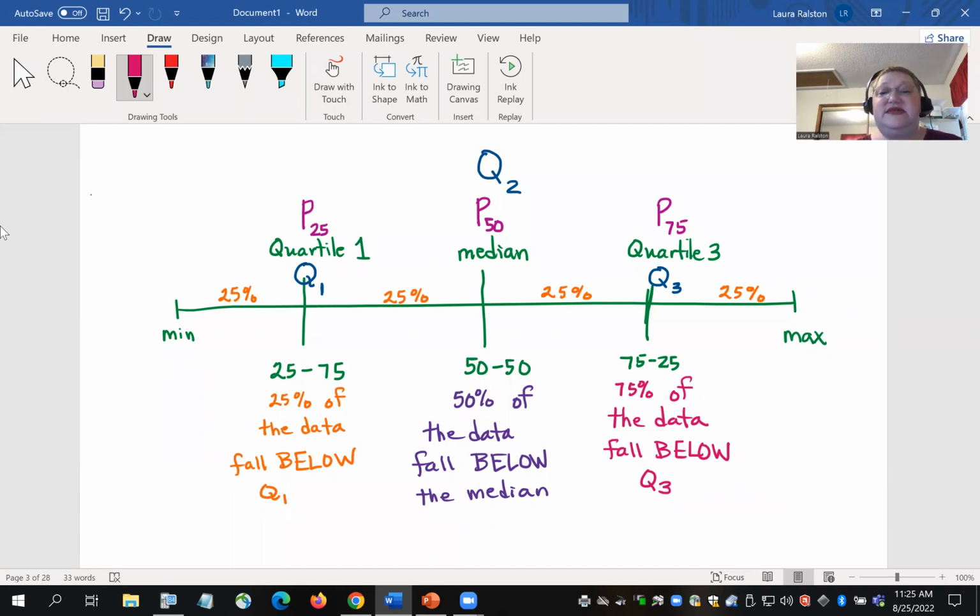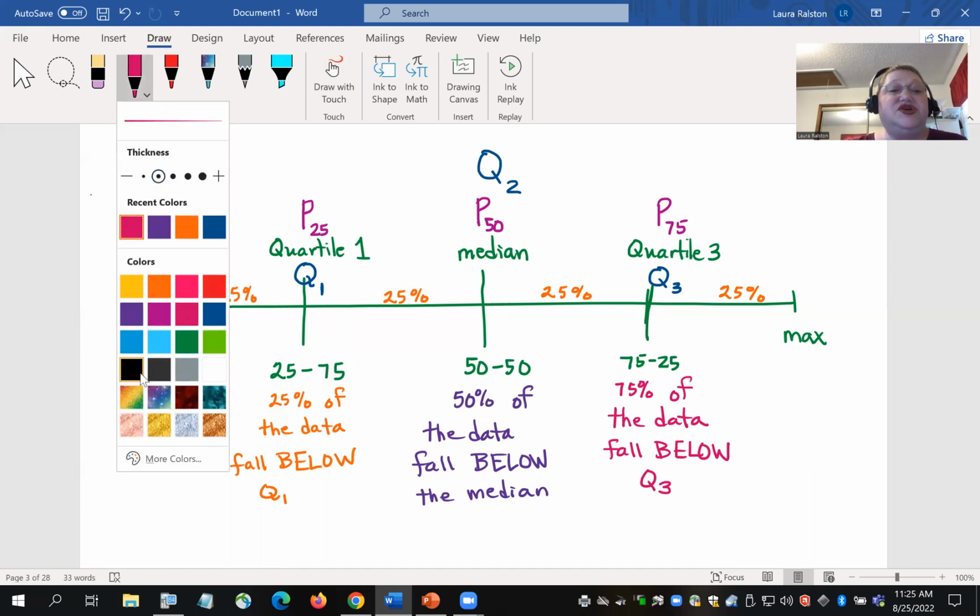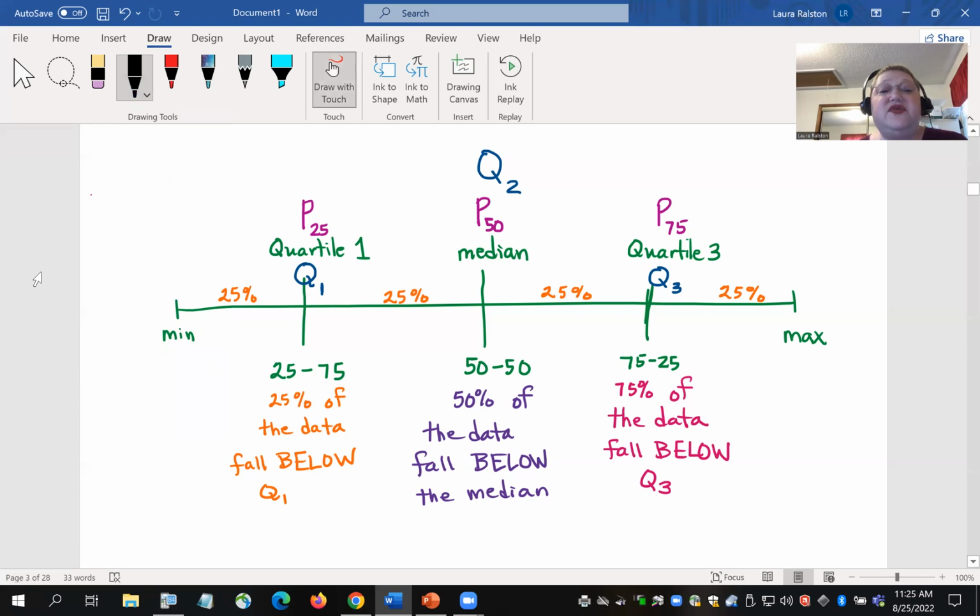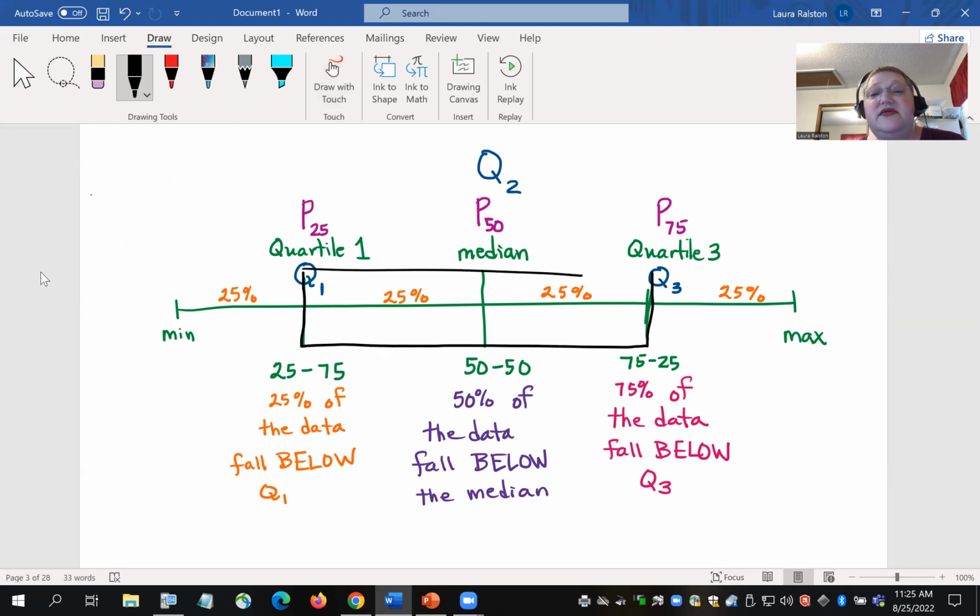Within this diagram, we also have what's called the interquartile range. If you consider from quartile 1 all the way up to quartile 3, this is called the interquartile range.